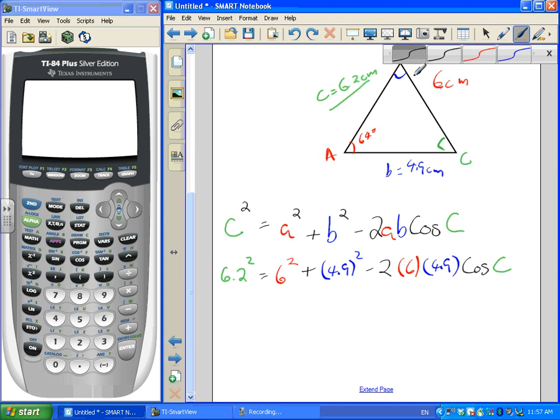I'm going to rewrite this in black and solve. So 6.2 squared equals 6 squared plus 4.9 squared. Put these in brackets just to help you out.